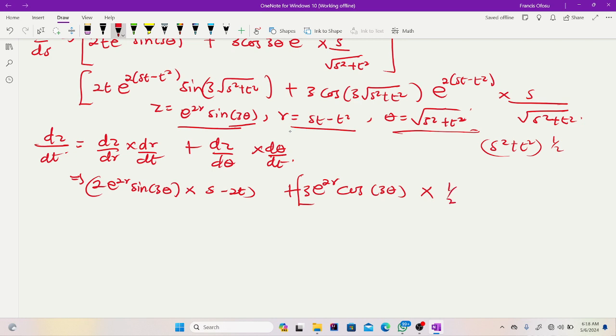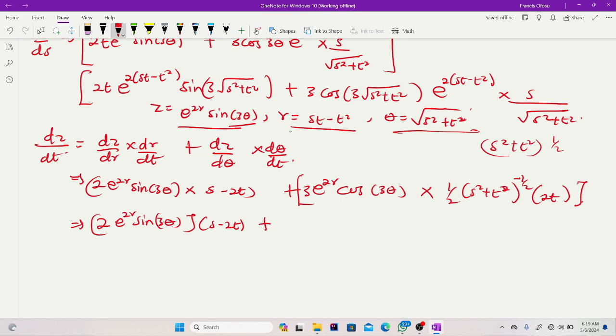So we simply multiply half by s squared plus t squared to the power negative half, multiply by differentiating t squared alone, 2t. So this gives me 2 e to the power 2r sine 3 theta multiplied by s minus 2t plus 3 e to the power 2r cosine 3 theta. This cancels this. So times t over square root of s squared plus t squared, like this.